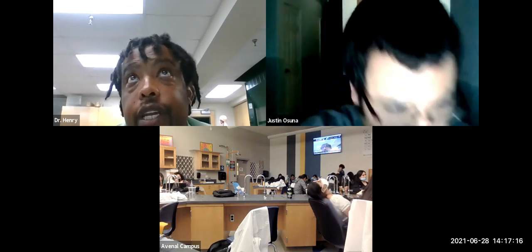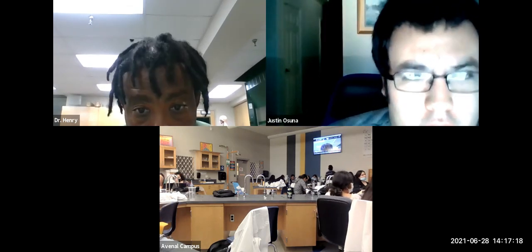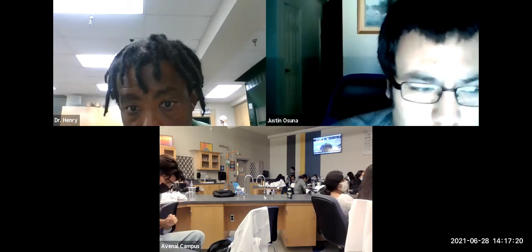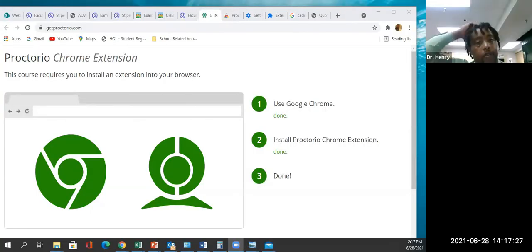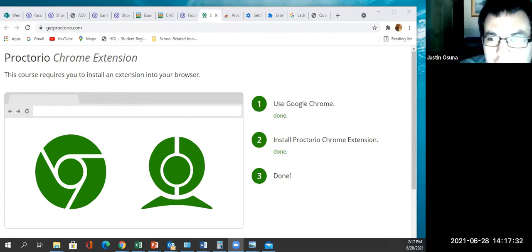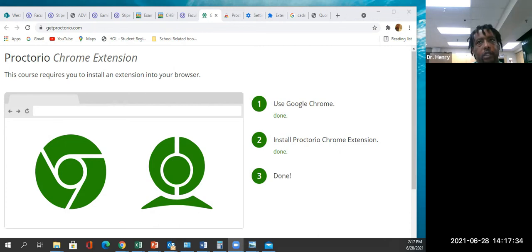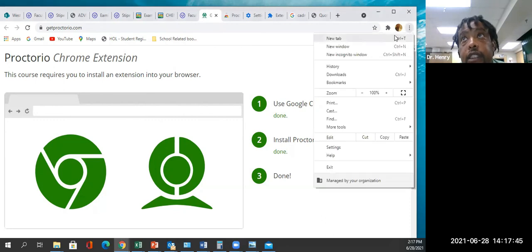Let me share my screen here. Anytime that you run into this problem, can you guys see my screen? Okay, you see the Proctorio Chrome extension? Anytime you run into this problem where it's giving you errors on connection, you want to click the 3 buttons on the side.